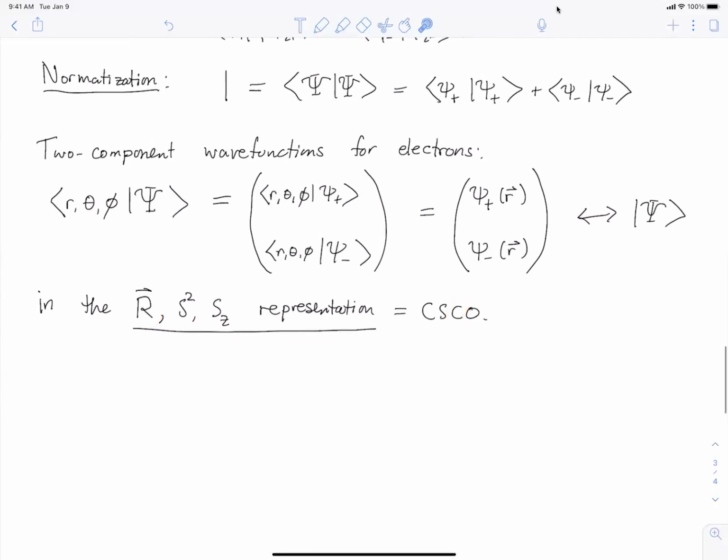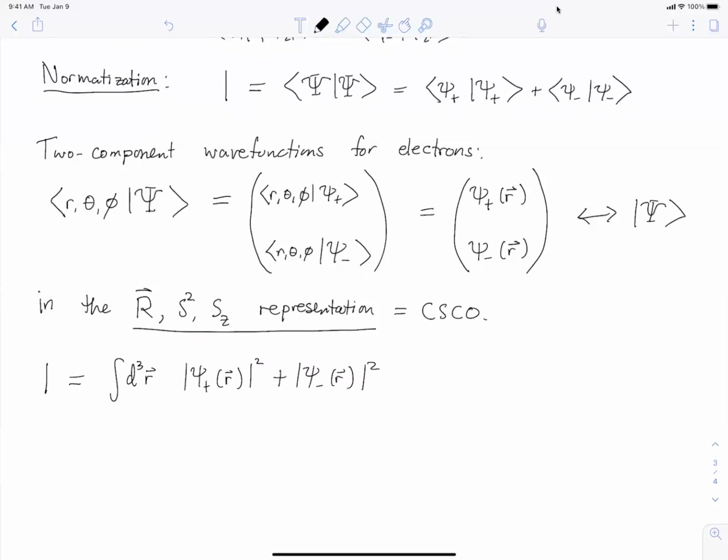Okay, so now the normalization condition is just this, that 1 has to equal the integral of d3r. But now I have to add together the squares of the wave functions of the two components.